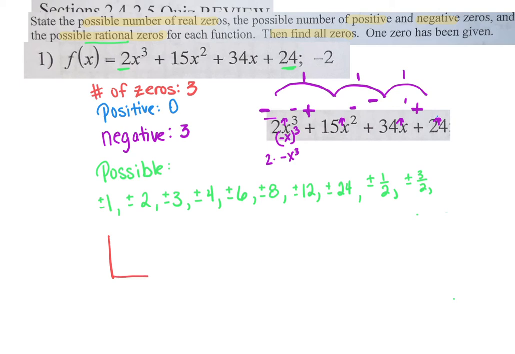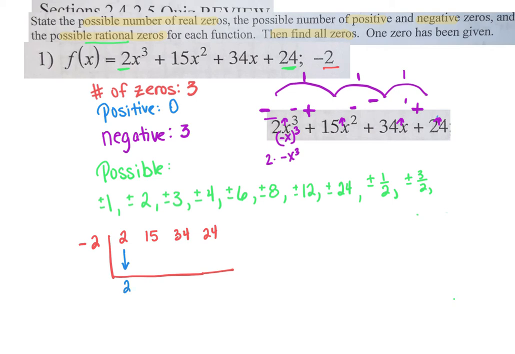When I hand you the 2, you don't change the sign. It's only when I give you a group with division that you change the sign. So you're going to use -2 here. And then make sure that it goes 3, 2, 1, 0. So I'm going to say 2 is in front of x cubed, 15 is in front of x squared, 34 is in front of x, and then we have our constant of 24.